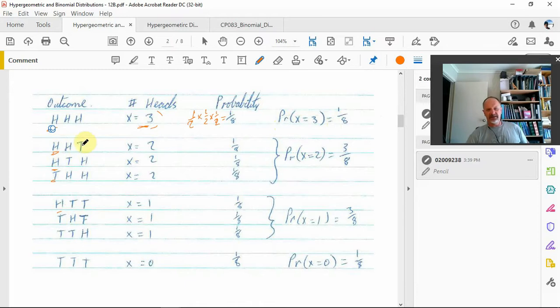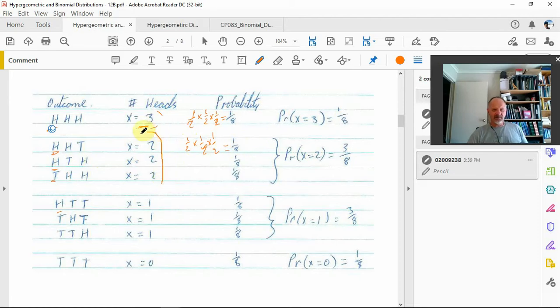All right, so in this next lot, as you can see, I've grouped it into ones where you get 2 heads. So it could be head, head, tail, or tail, head, head. And then in all of those 3, there's 2 heads. Now again, because the probability of a head and a tail is a half, it's always going to be a half times a half times a half, 1/8 for all of that.